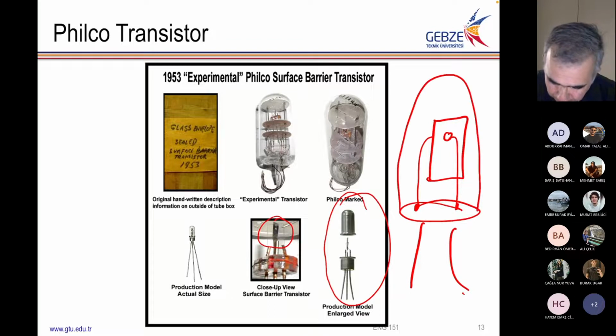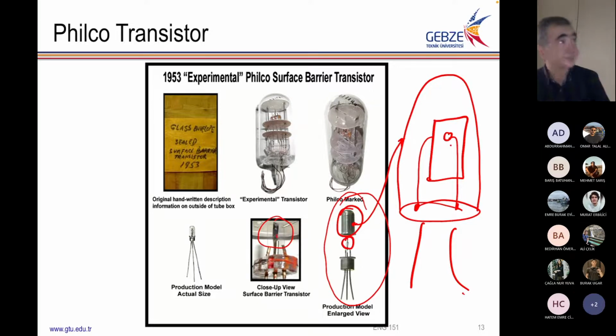At the top, there is a cover. That kind of transistor technology was still produced in this way for over 40 years. Later, they started to use plastic cases and other materials. But still today, powerful transistors come in that packaging.